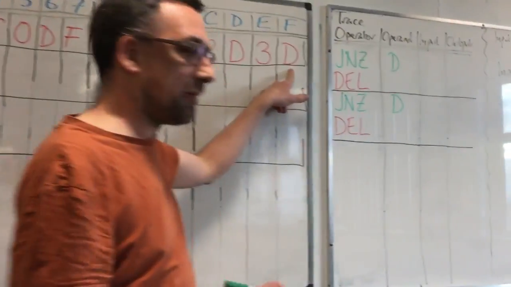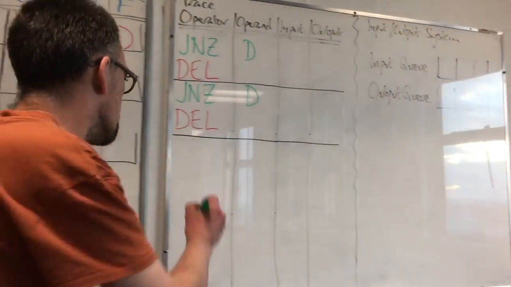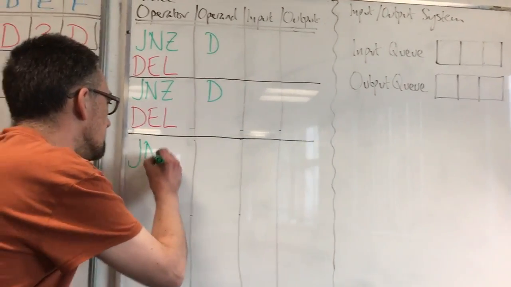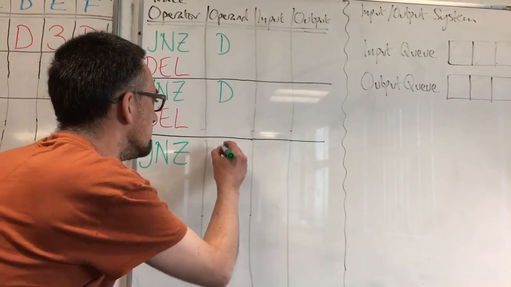After the 3 we see that the operand is D, so the instruction is jump if not 0 to D.